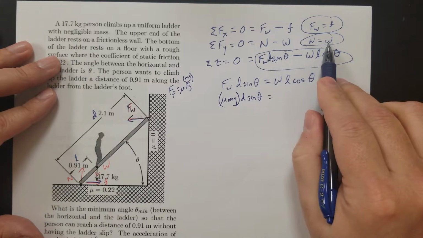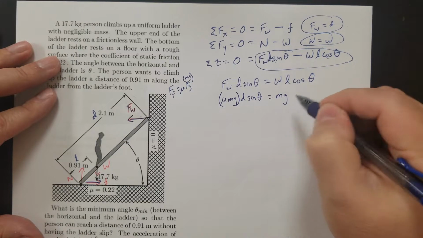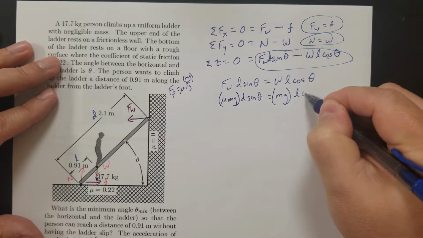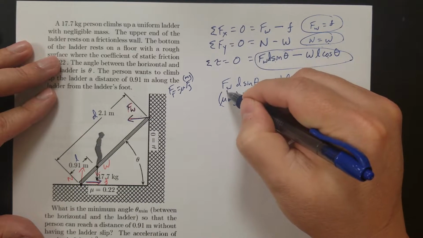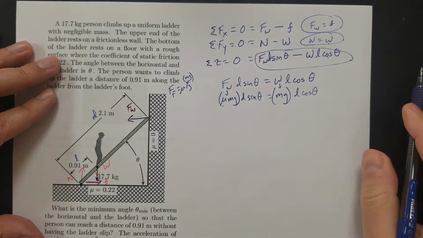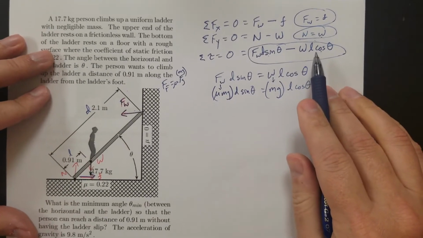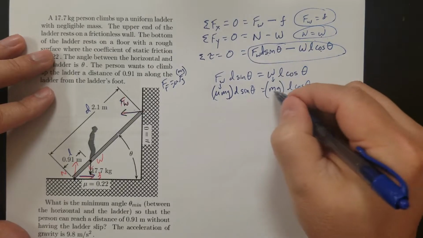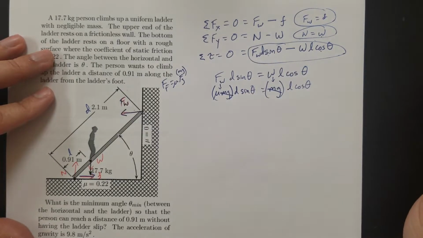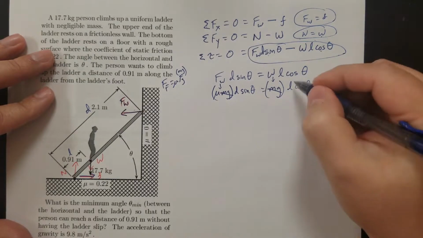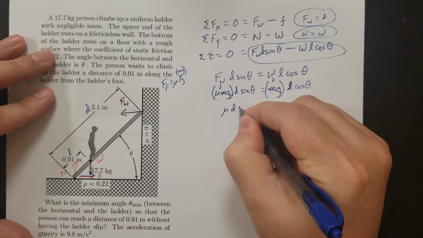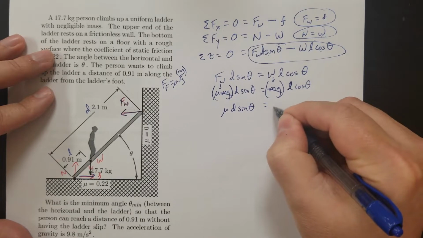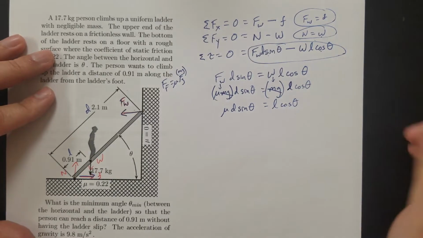And W is mass times G equals mg times L cosine theta, right? All I did was substitute W becomes mg and FW becomes mu mg, right? So again, it started with this equation. So now, okay, look, mg, gone. They cancel out. Oh, look, this is kind of easy. That's an L. Kind of looked like a D and I almost got confused. So mu d sine theta equals L cosine theta.